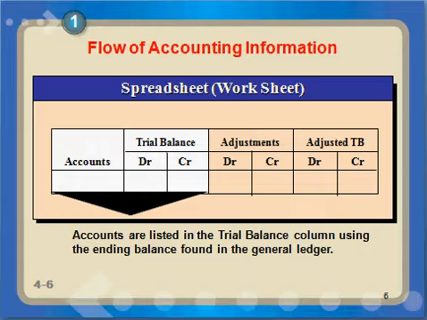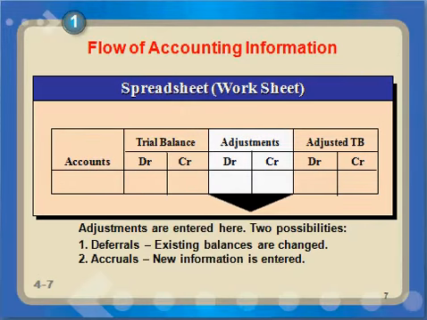And then we analyze each one of those accounts and determine which ones have to have adjustments. And we make adjustments for two different reasons. We either adjust existing balances because they've changed, and those are called deferrals, or we do accruals, which means we're making new entries basically because of unrecorded information.